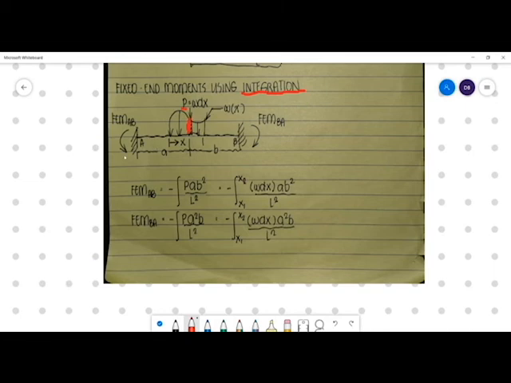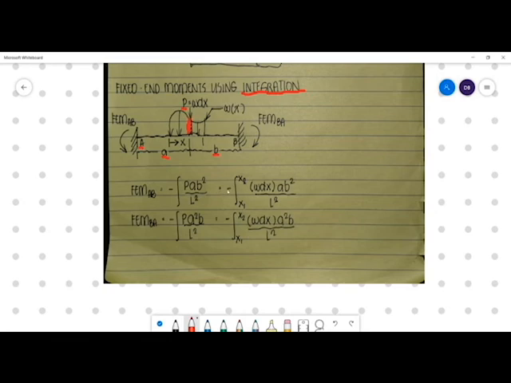And then with respect to the beam, from point A, ang magiging length niya is small a. And from point B, from the right, this will become your small b. Okay? So, fixed end moment AB is equal to negative integral of P AB squared over L squared.